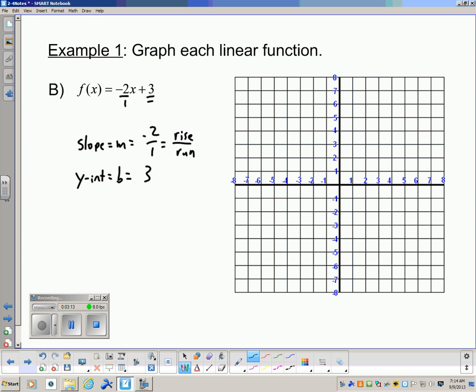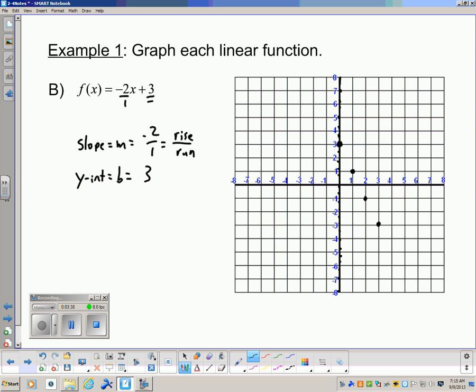And that's where I'm going to start, where it hits on the y-axis. It hits here at 3, so I'm going to put a dot there. And then from that, I'm going to rise negative 2, so I'm going to come down 2 and run 1 to the right. Down 2, run 1 to the right.